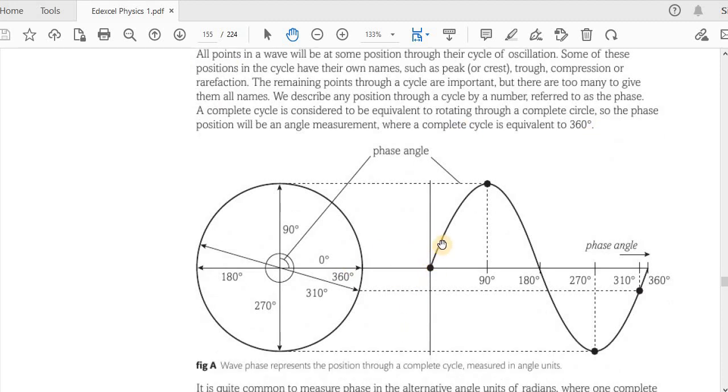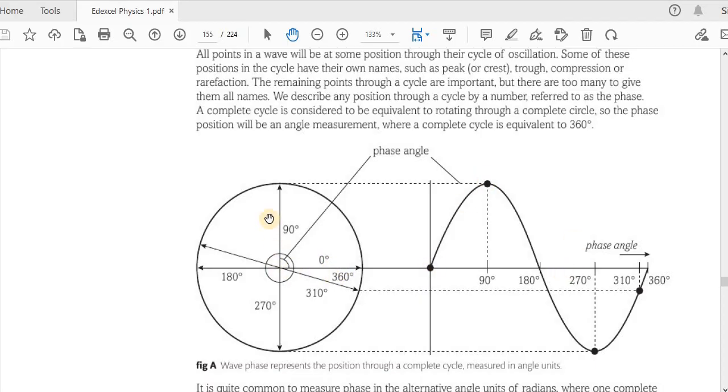You can see, if you go along this, here it's 90 degrees. From here to here, the angle is 180 degrees, 270, 360. Phase angle. So in a wave also, you can think this position is 0. Here the angle is 90, 180.